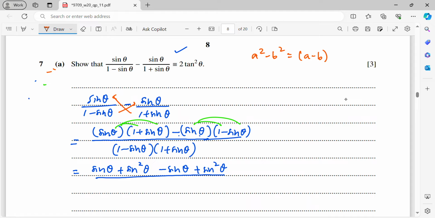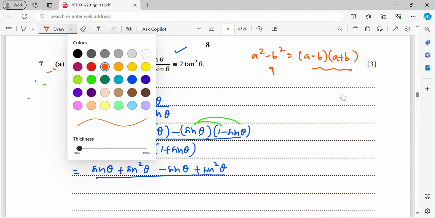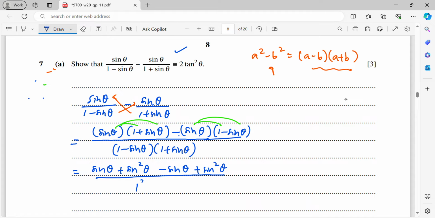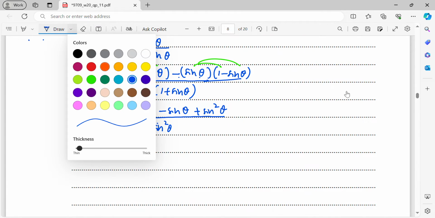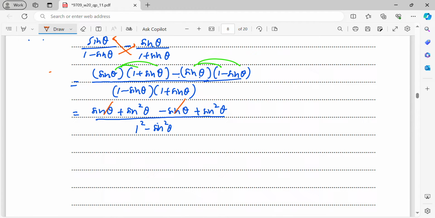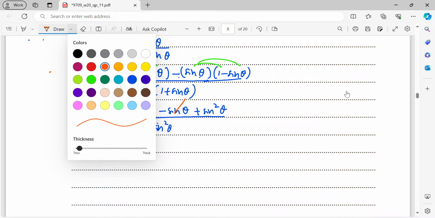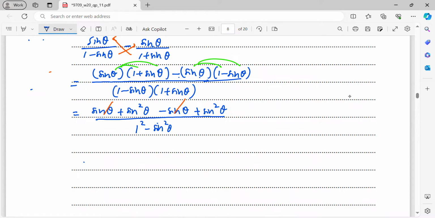That is a minus b times a plus b. So now you are given the right side, I will just change to a squared minus b squared. That means you will be getting 1 squared minus sine squared theta. So then from here, I will cancel off the sine theta. So sine squared theta plus sine squared theta, you will get 2 sine squared theta.